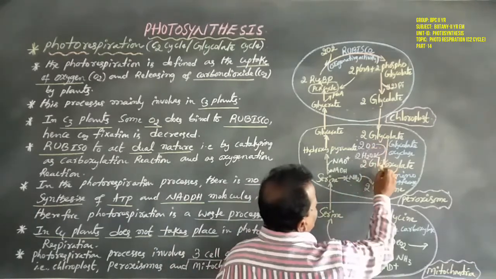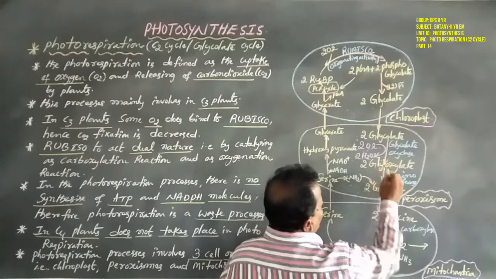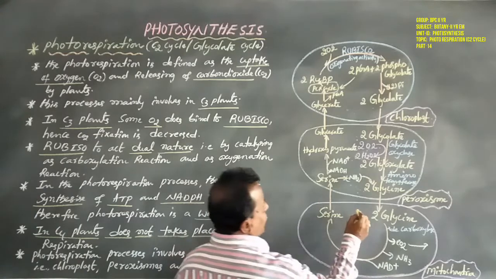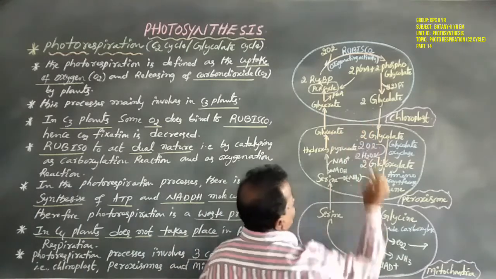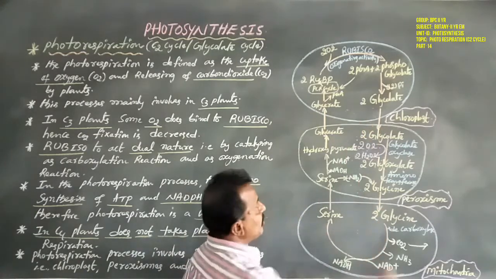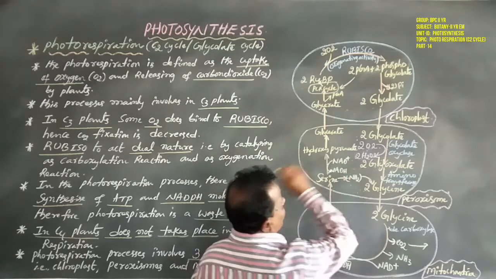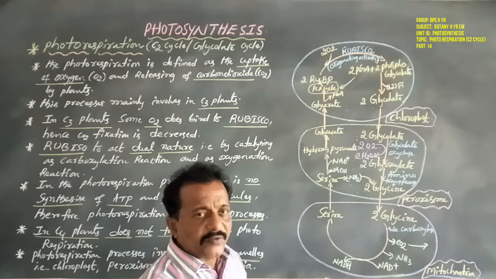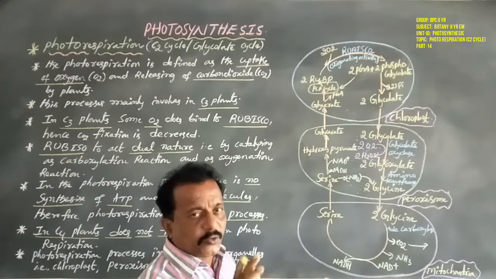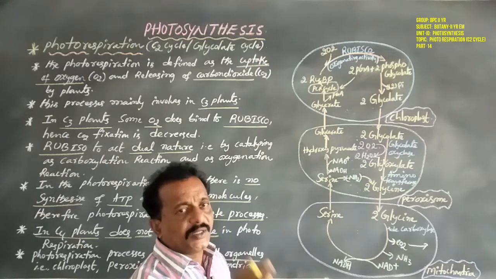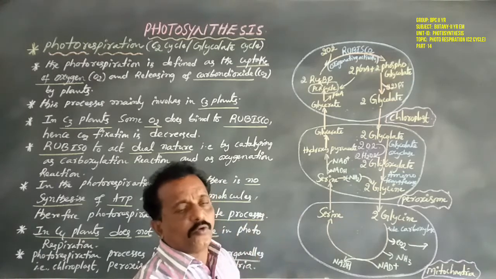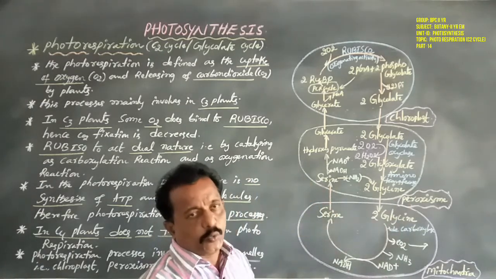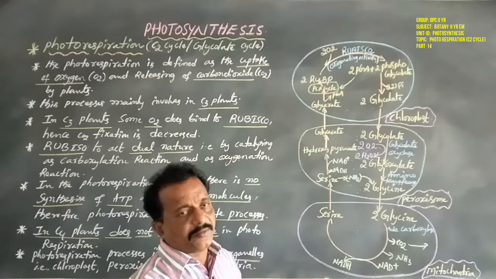This oxygen is also used for breathing, and then some amino acids are formed. So this is a photosynthesis cell organelle, this is a respiration cell organelle, and between them is the photorespiration cell organelle. Photorespiration involves three cell organelles, chloroplast, peroxisome and mitochondria, but mainly photorespiration takes place in the peroxisome. This is the correct answer over here.